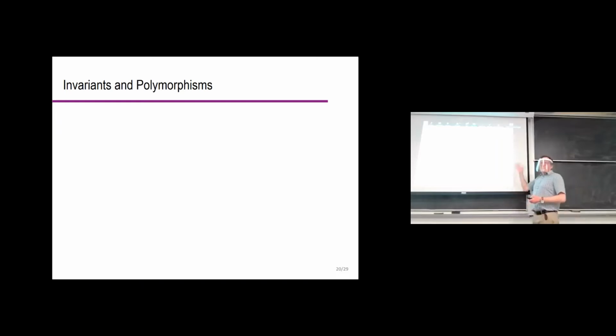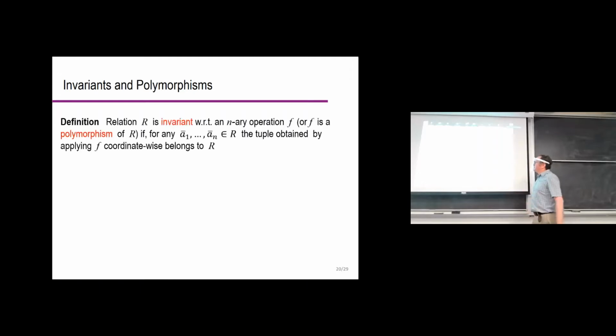And one of the tools, I mention it here because it didn't play such a huge role in counting CSP, but for decision CSP it was absolutely necessary. But here it also allows us to simplify several things.